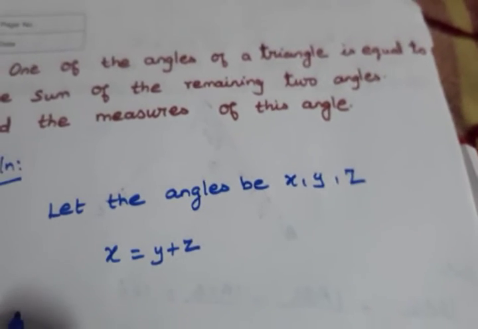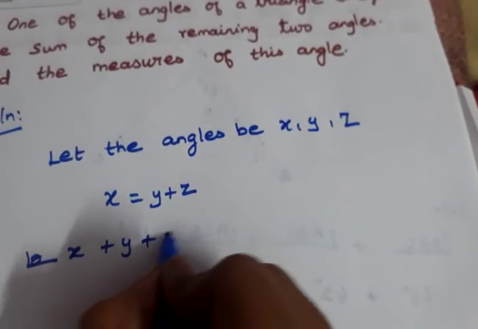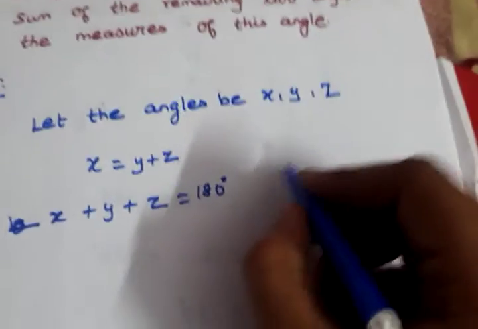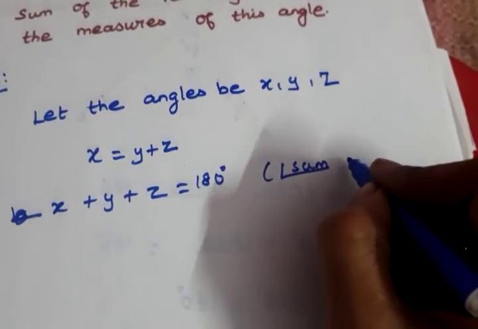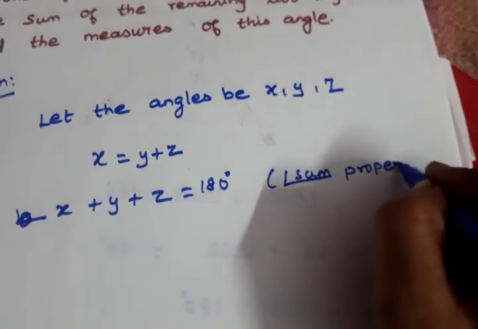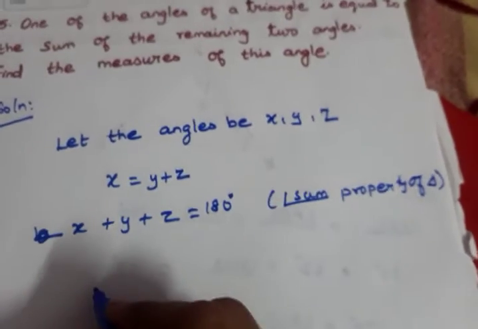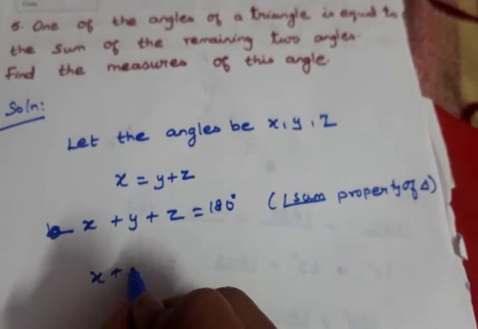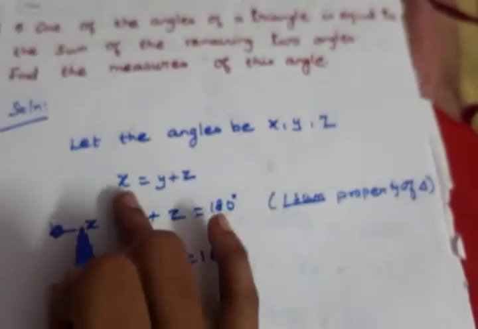Next, x plus y plus z equals 180 degrees, the angle sum property of a triangle. Since y plus z is x, x plus x equals 180 degrees.